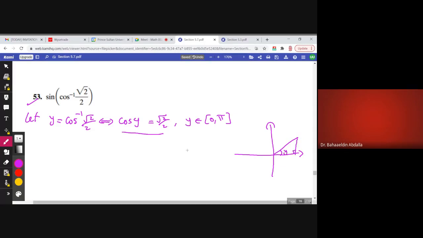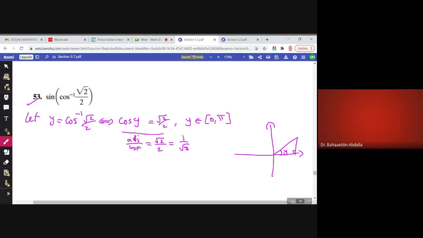And this is the triangle of y. What is the information we know? We know that cosine y equals adjacent over hypotenuse. Okay. If you take it like this, it is up to you. But I know that this is indeed 1 over square root of 2.